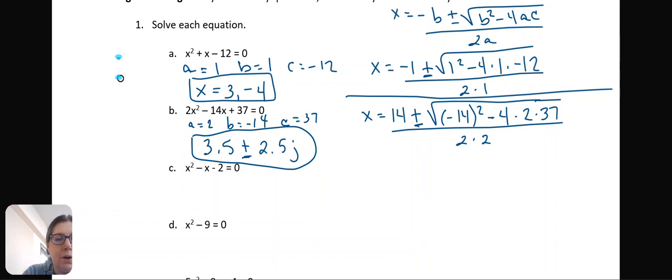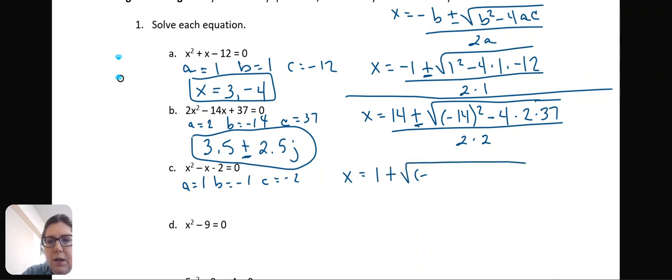Okay, so we're going to C. A is 1, B is negative 1, C is negative 2. So opposite of B, so we're going positive, plus negative 1 squared minus 4 times 1 times C. That's a times, not a decimal. 2 times 1.